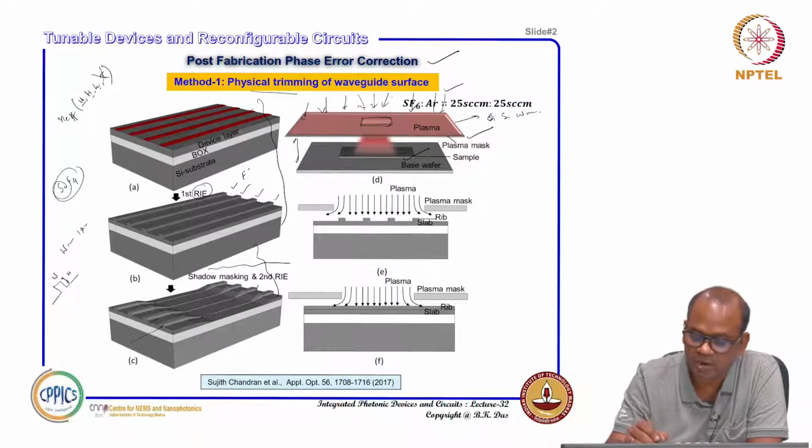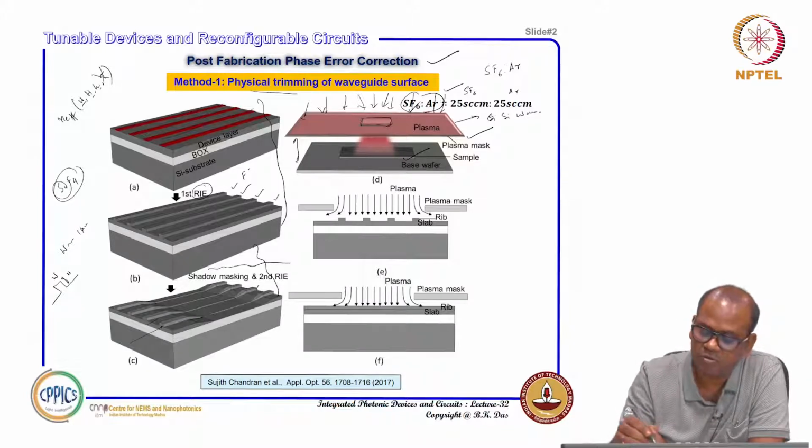Then the plasma flux. The plasma is created with SF6 gas, diluted with an inert gas, argon. In this case it is 25 SCCM to 25 SCCM, meaning 25 standard cubic centimeters per minute. This is the SF6 flow rate and this is the argon flow rate, 50-50%, and we control it according to our chamber.